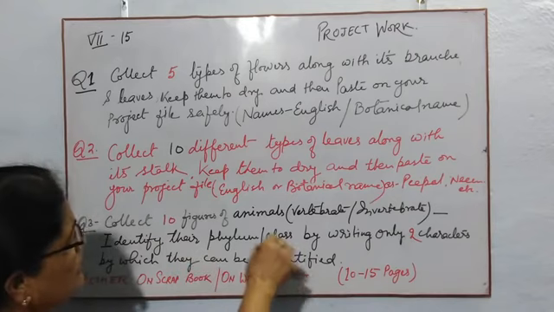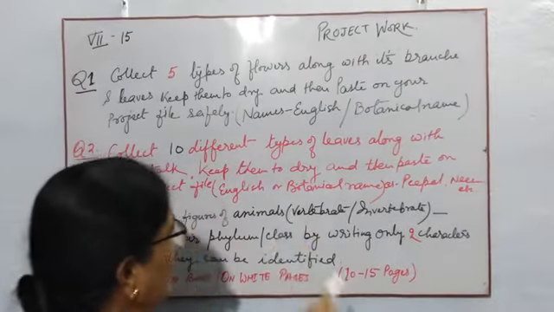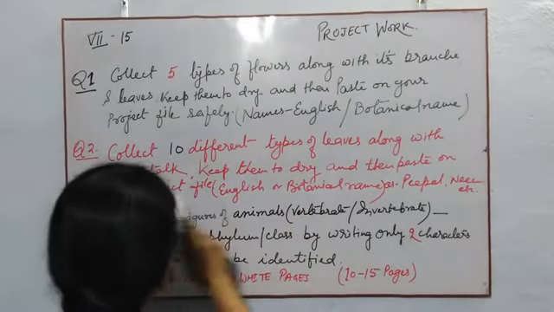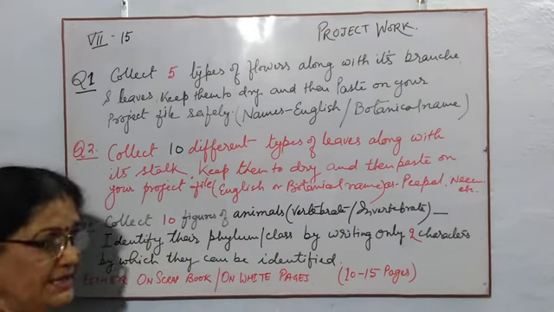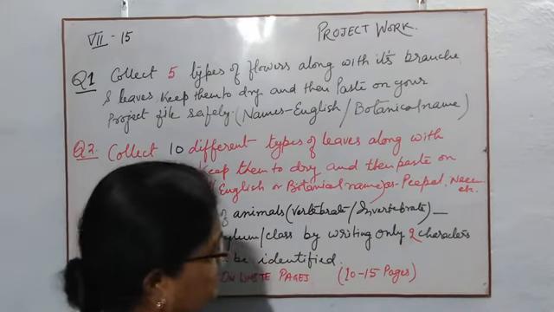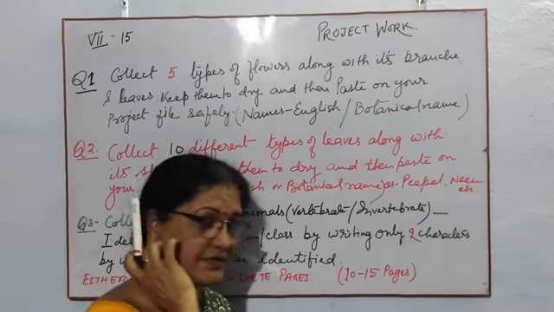Then again you have to keep them to dry. After drying, all these 10 types of leaves have to be pasted on your project file or on your scrapbook. The name again will be the same, either English or botanical name. See, for example, I have written peepal, name, etc.